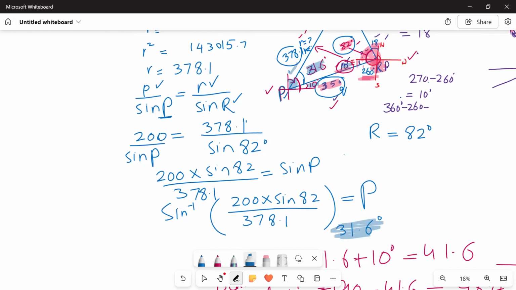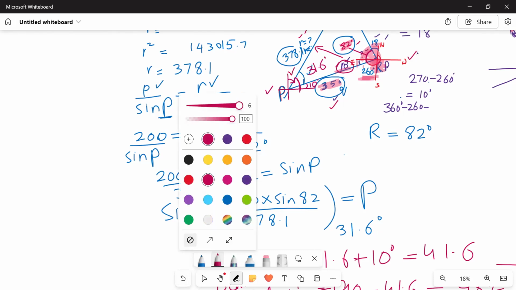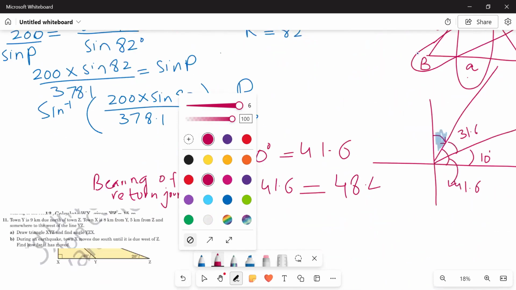Because we have to find the bearing of the return journey. So the bearing of the return journey is only this angle, the red one. We have to find only this bearing. So this complete is 31.6 plus 10, which is 41.6, and subtract from 90. So it will be 48.4.